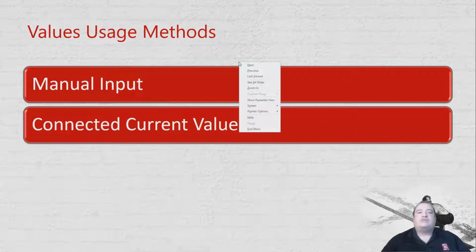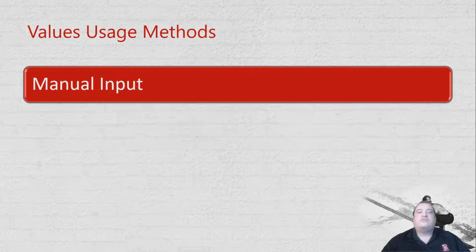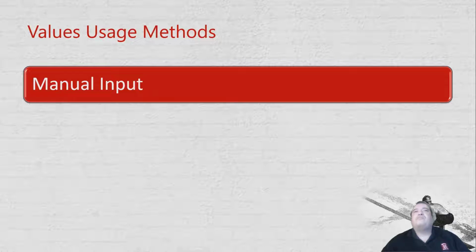So, value usage methods. How do we use the values and the check-ins? We can use a manual input in an unbounded metric. So, we make a check-in and we manually input the value of the metric on a specific date.